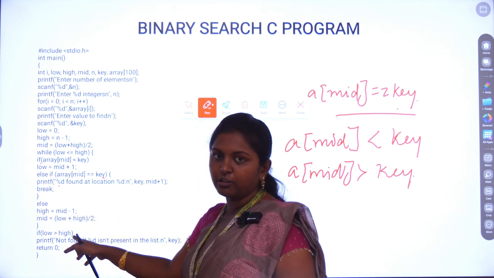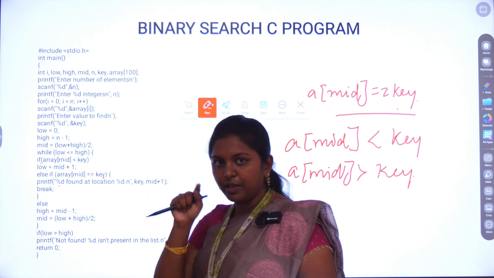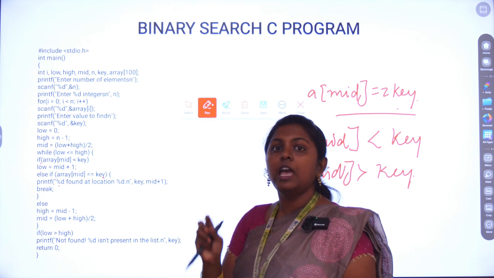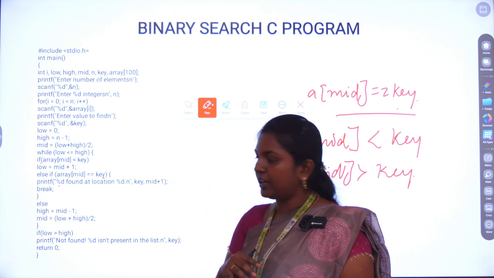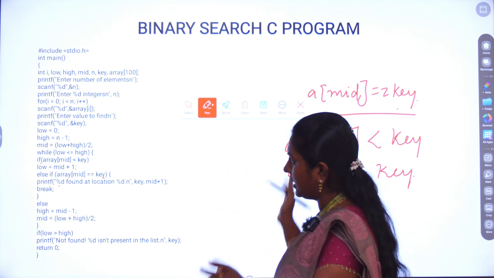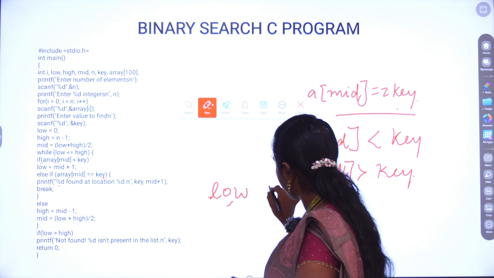This is how it has been calculated. Again we have to use the formula to find the mid value, then check again whether the mid value matches the key value or not, and after figuring it out we can retrieve. So this is how it works.